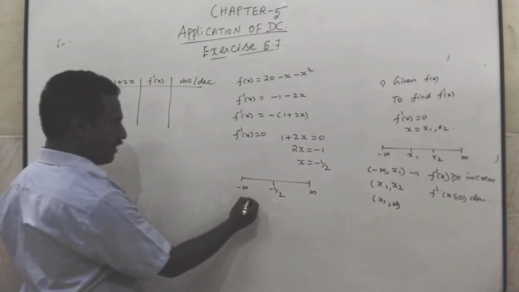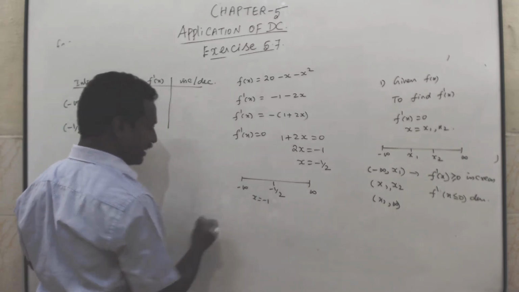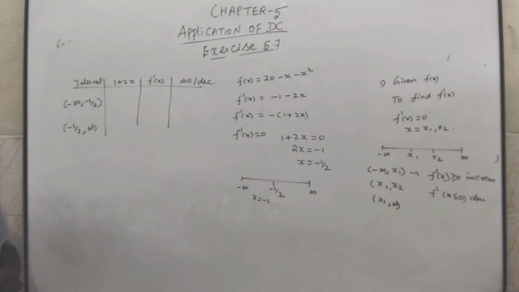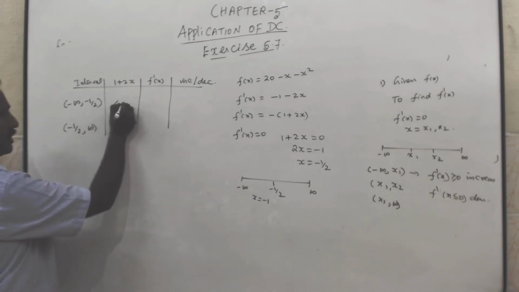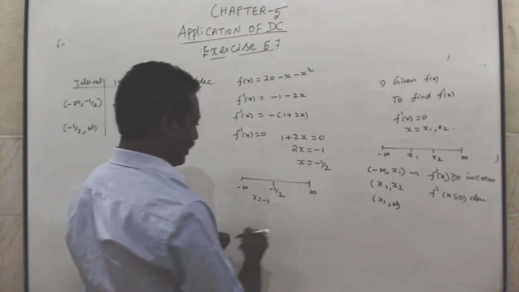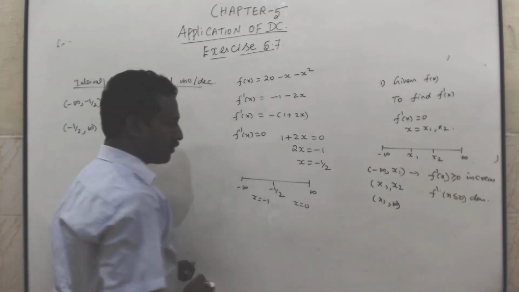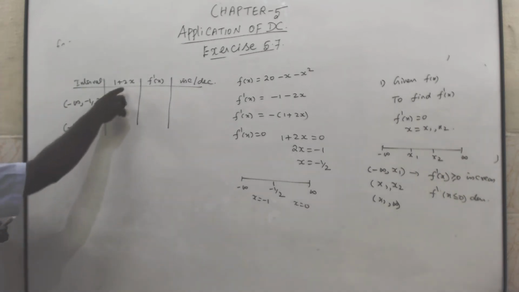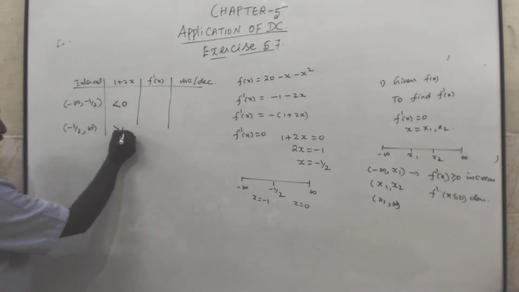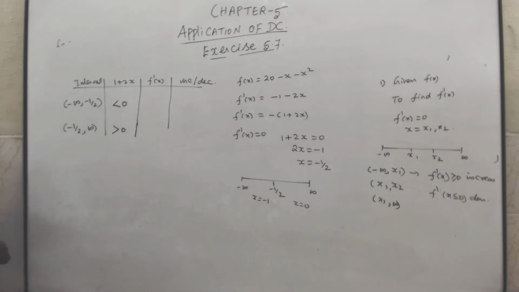In between, take any one value for x. Suppose x is equal to minus 1: 2 into minus 1 is minus 2, and 1 minus 2 is minus 1. Minus 1 means less than 0. For minus half to infinity, take x is equal to 0. Substitute x equal to 0: 1 plus 0, that is 1. Positive, that's why greater than 0.